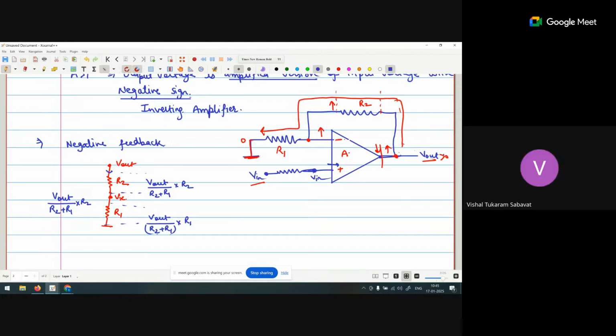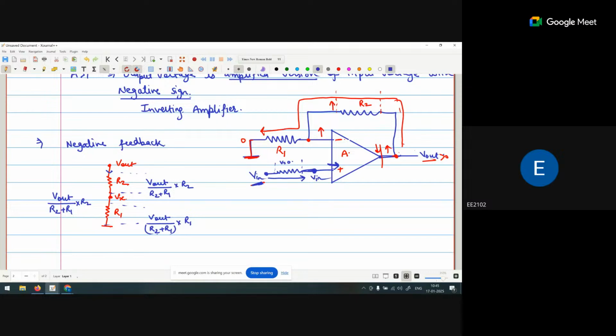Sir, can you please repeat? Yeah, I just say that if current is not passing through the operational amplifier, that means from this wire no current will be passing. If no current is passing from this point, I can say the voltage drop across this resistance becomes zero. Yes, sir. If the voltage drop across this resistance is zero, that means the V in voltage that is applied at this point is similar to the voltage at this point.